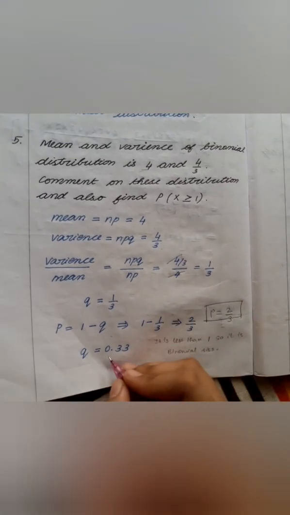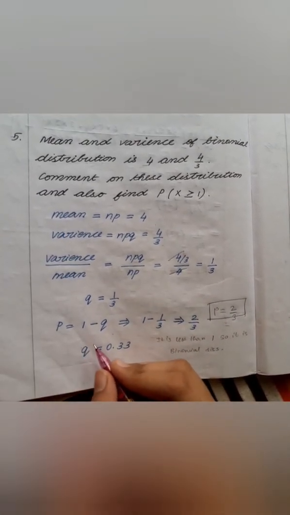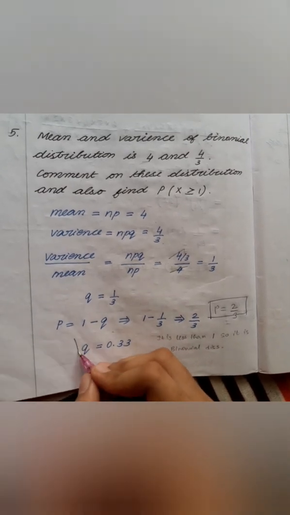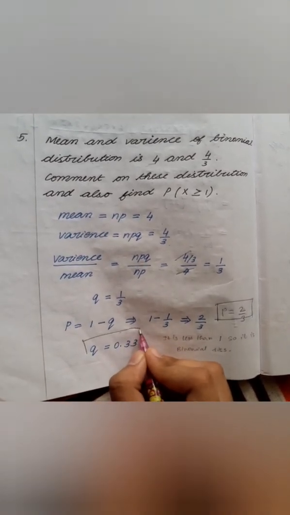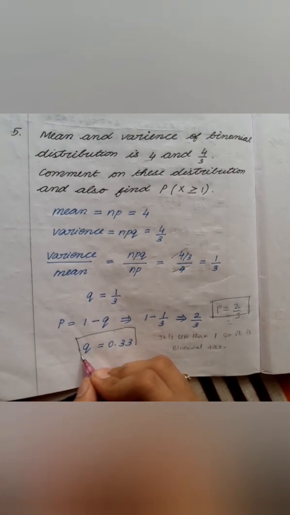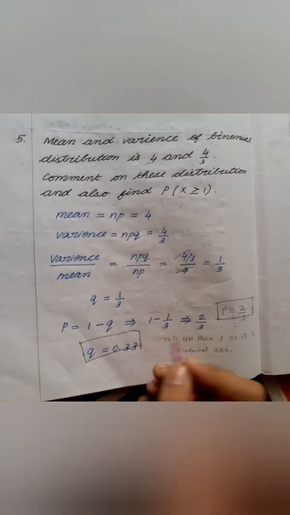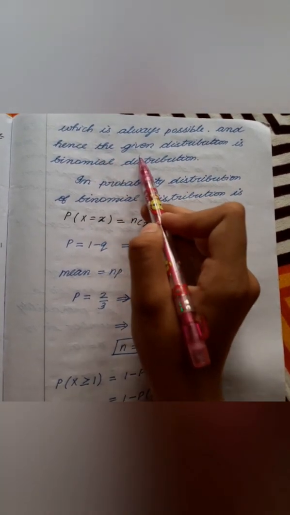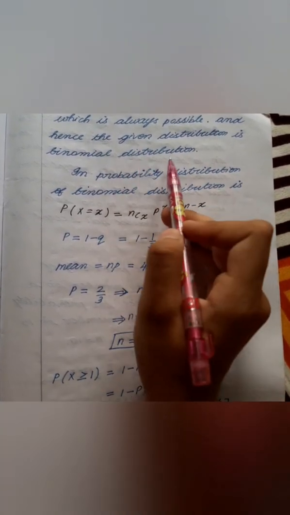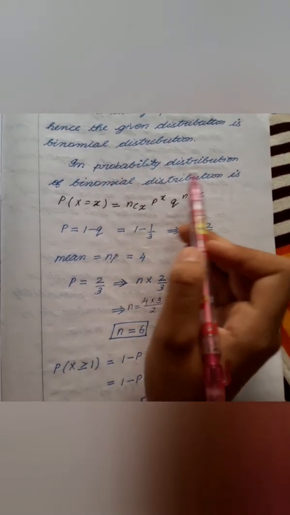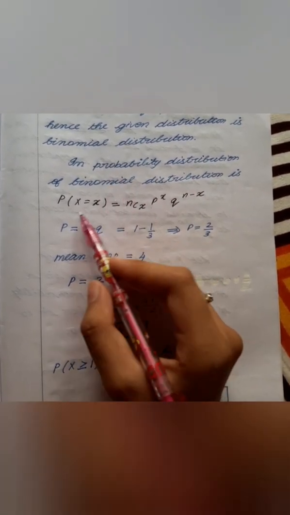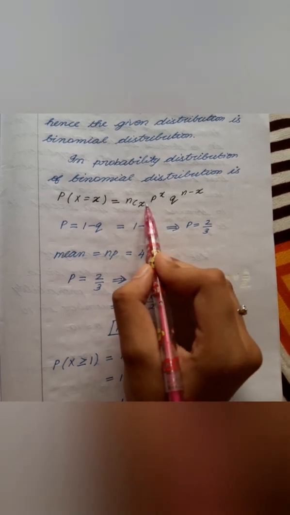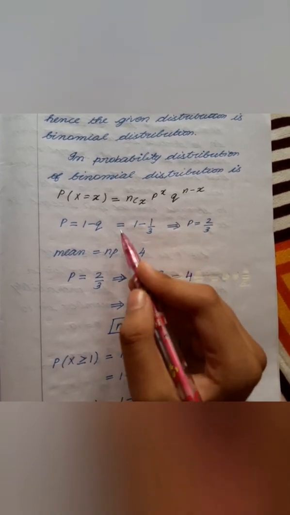Here q is less than 1, so it is a binomial distribution, which is always possible and hence the given distribution is binomial. We are using the probability distribution formula of the binomial distribution, that is P of X equal to x is equal to nCx p power x q power n minus x.